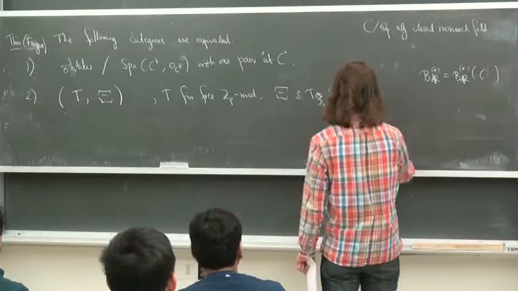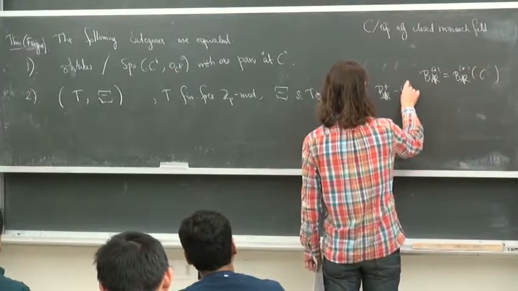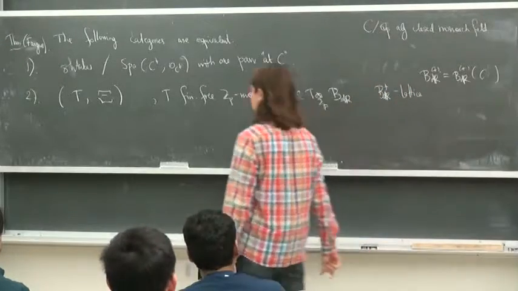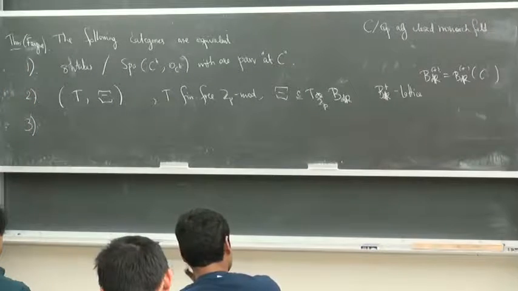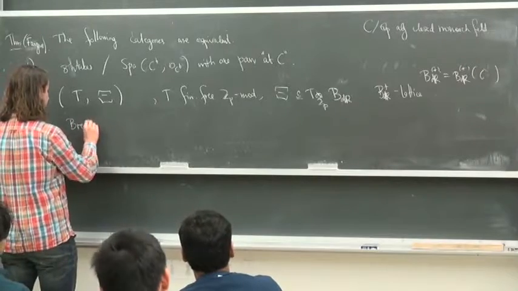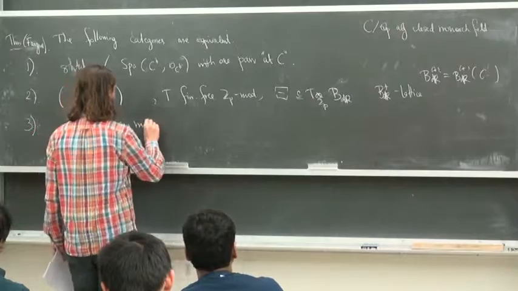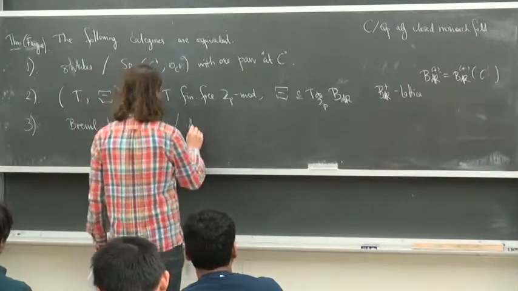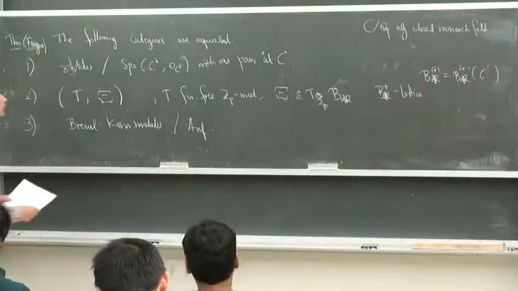C, thank you. It's beta rom plus like this. Then this category of Breuil-Kisin modules over the ring A inf, which is again the one for C.